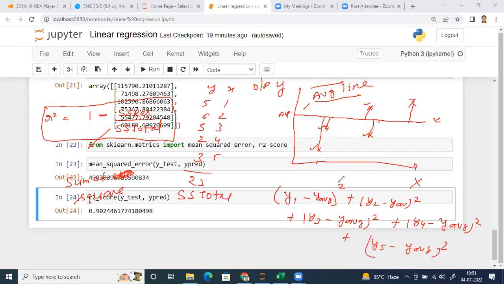What we are doing is the sum of square values. This is nothing but your SS total.